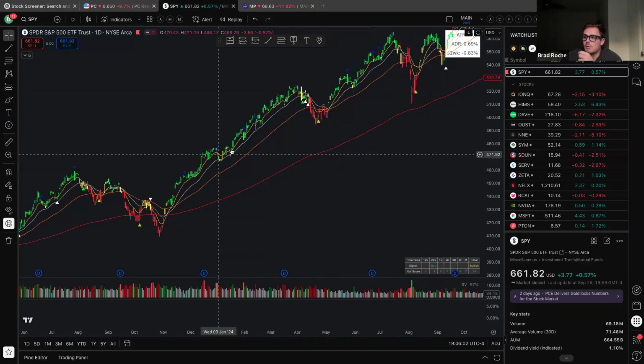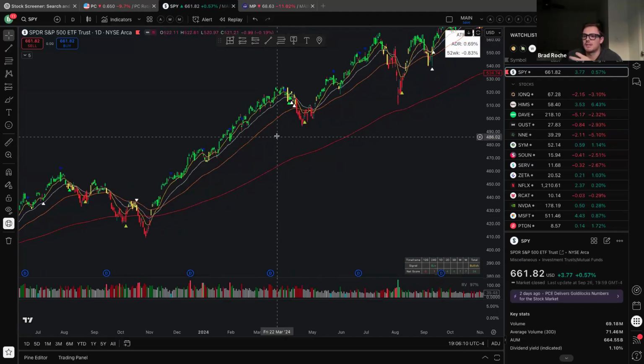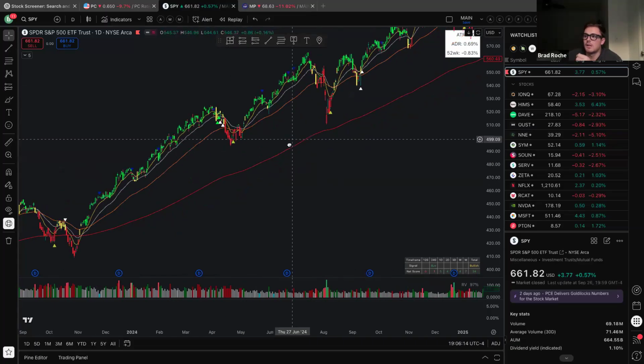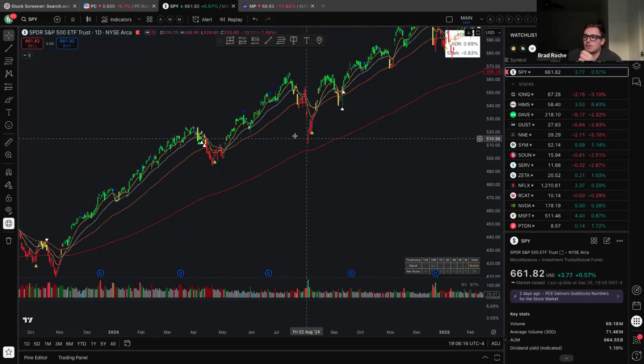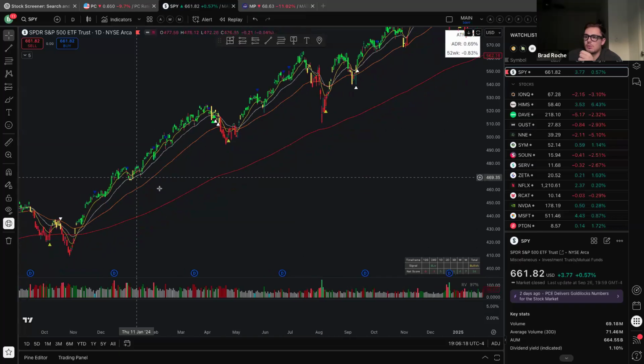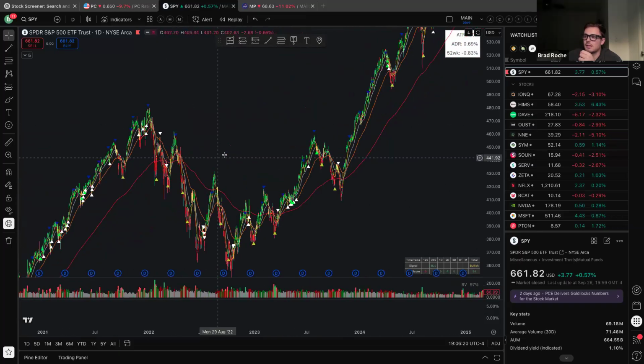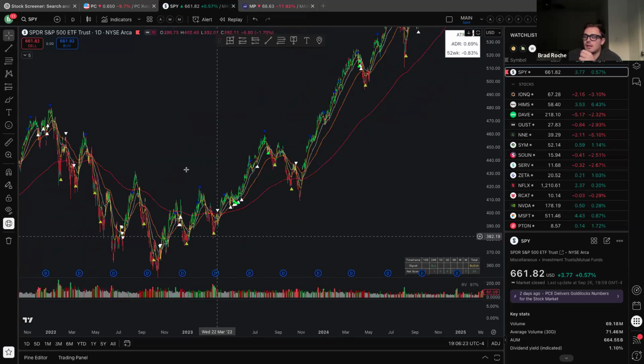All right, so we've had a few bounces off the 21 EMA. I think we may have one or two more. Okay, better put it this way. It could stop at any point. That's what I'm seeing. And I'm not going to be the guy that tries to call the top of the market, but I think we're in an early stage bull market, something like where we had a major decline.